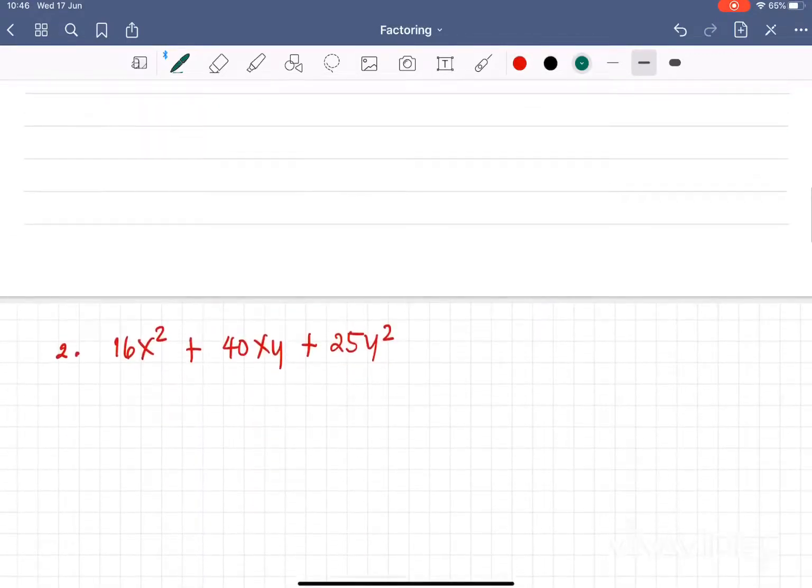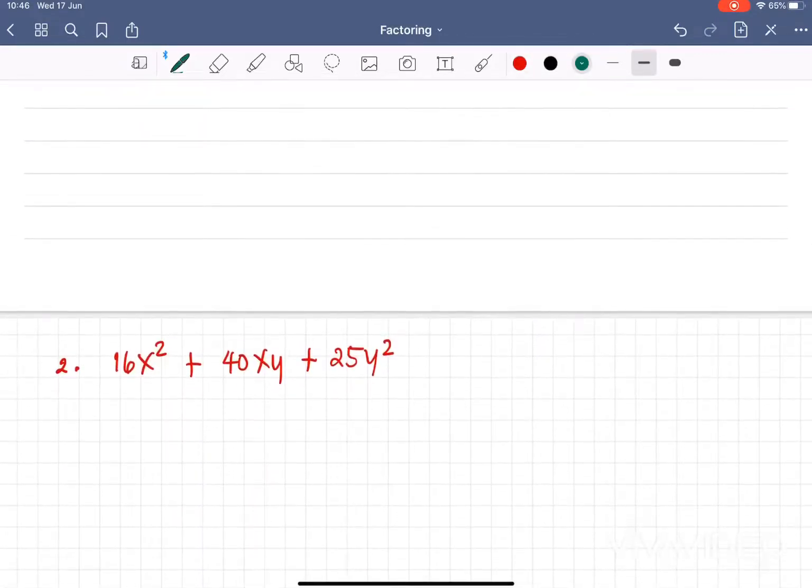For example, in example 2, we have 16x squared plus 40xy plus 25y squared. Is this a perfect square polynomial? Let us check. The first term is 16x squared, which can be expressed as 4 squared times x squared, plus 40xy, plus the third term, 25y squared, which can be expressed as 5 squared y squared.